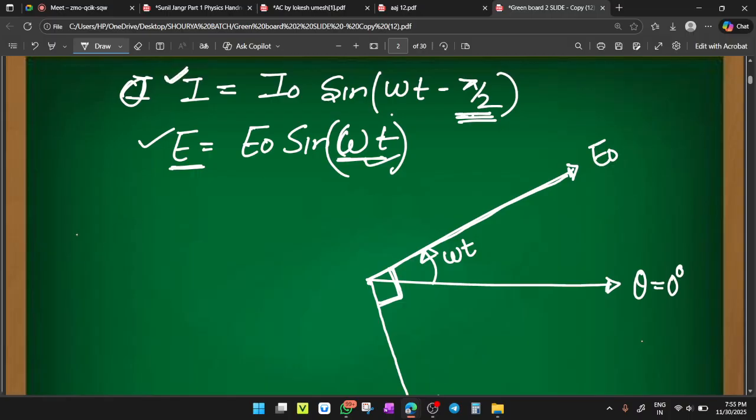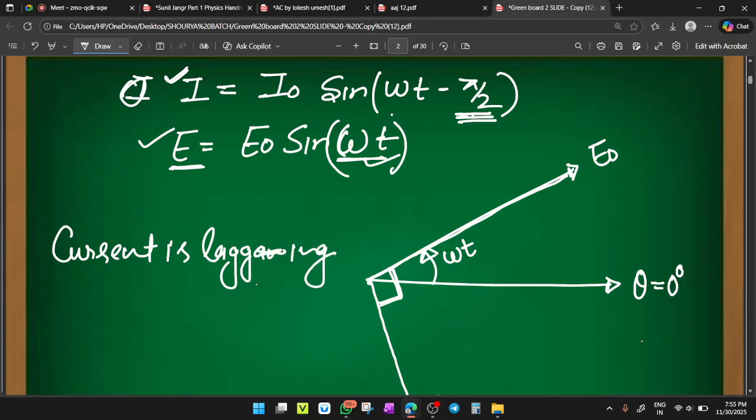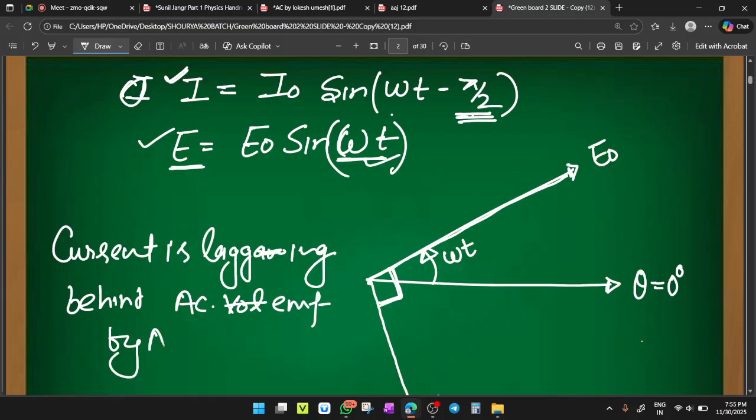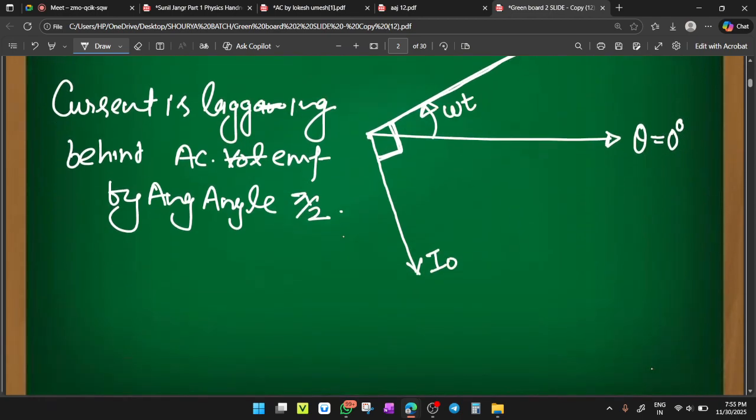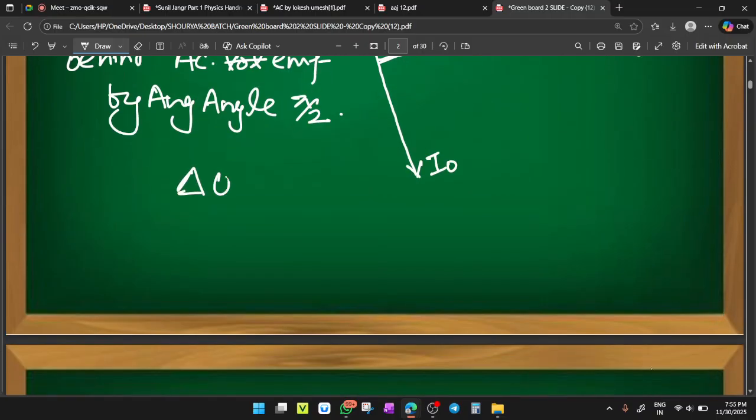So the current is lagging behind the AC EMF by an angle pi by 2. And the phase angle between the voltage and current is delta phi equals pi by 2. Got it?